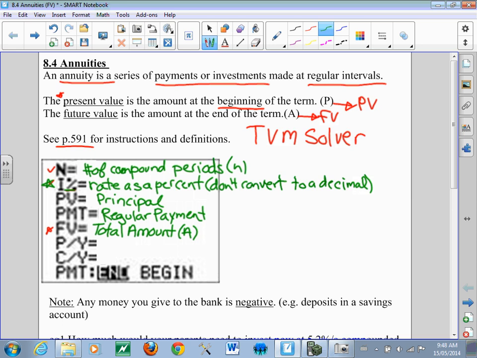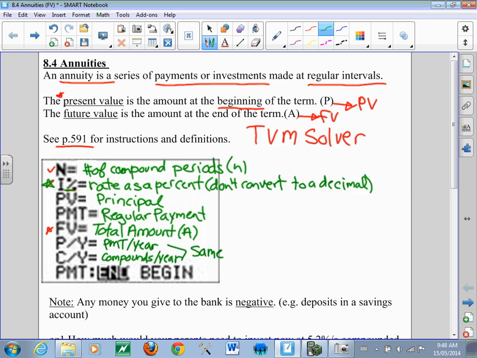P/Y means the number of payments per year, and C/Y is the number of compounds per year. Ladies and gentlemen, these will have to be the same. As soon as you plug one in, the other one is going to back it up.